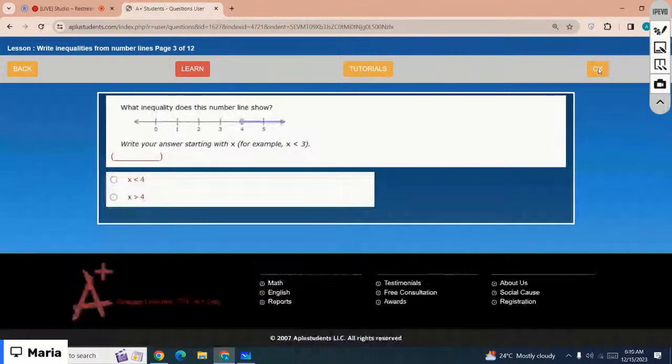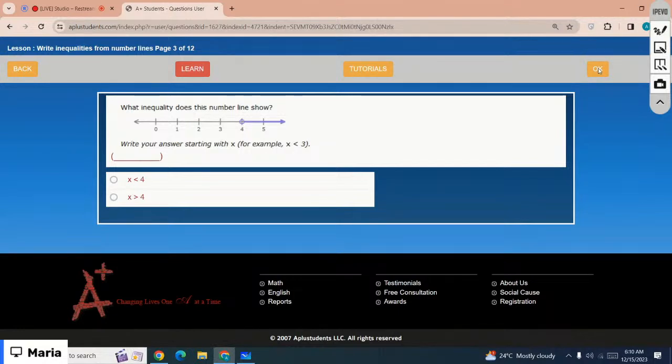Okay, what inequality does the number line show? Which is the correct option? You have an open circle at 4.